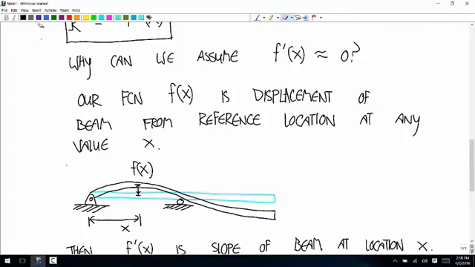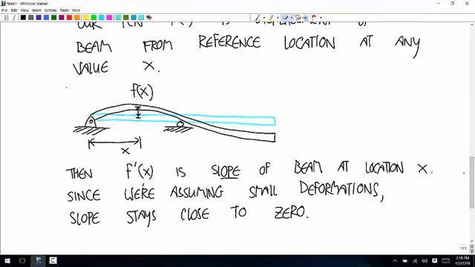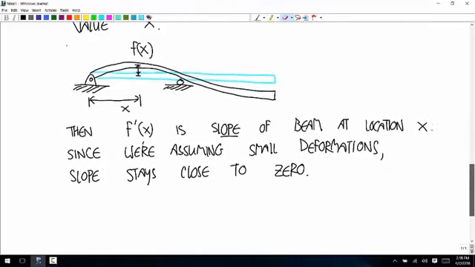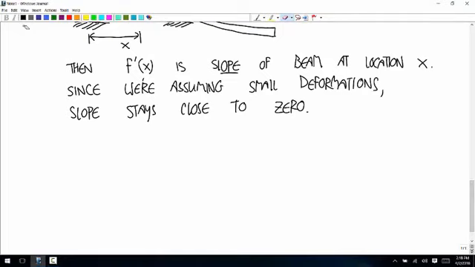So we know that function f of x is the deflection, and I guess we're going to use lowercase v to indicate deflection.